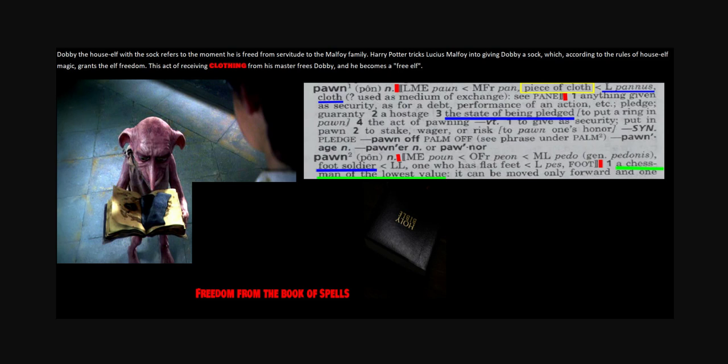Looking up the word pawn, I came across clothing. And I just thought about the movie Harry Potter with little Dobby here. I said, whoa, look at this. Oh, and before I go, you know what's really going to blow your mind? When you look up and study, you got to go deep now.